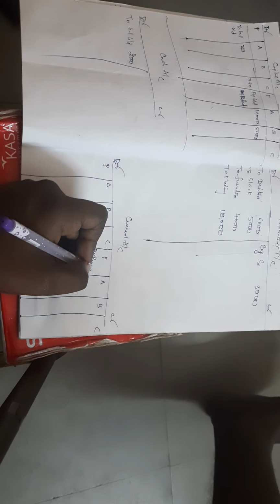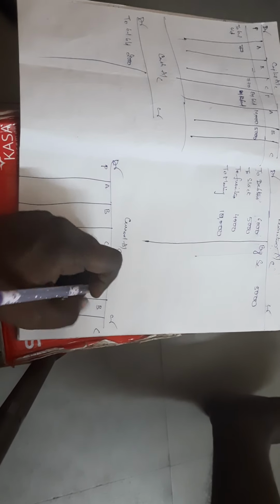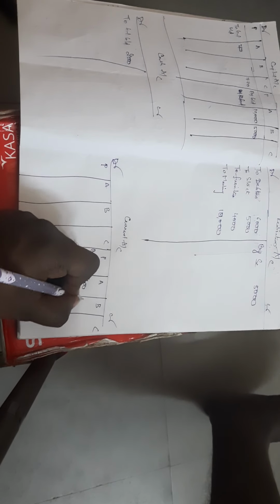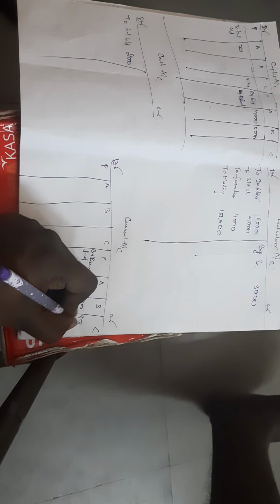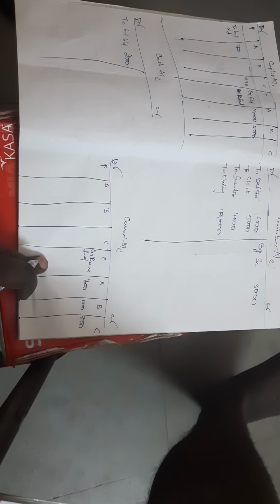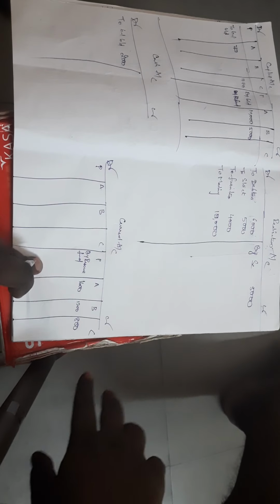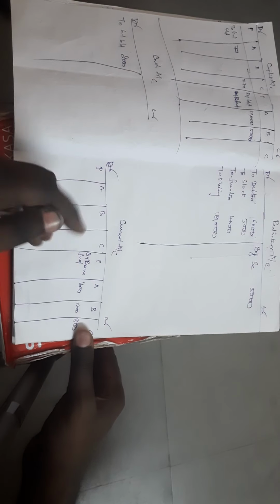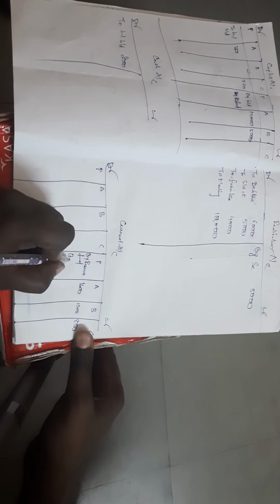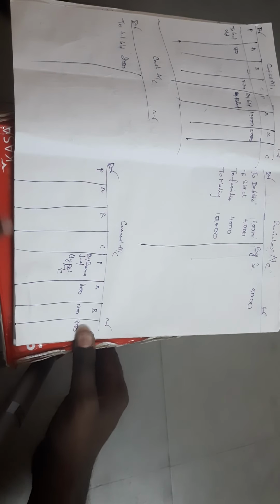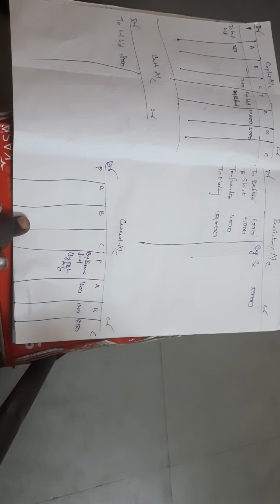For A it is 1,600, B 1,200, C 800, total 3,600. We distribute the 3,600 in the ratio of 4:3:2. Next is the profit and loss account, which we also distribute in the 4:3:2 ratio.